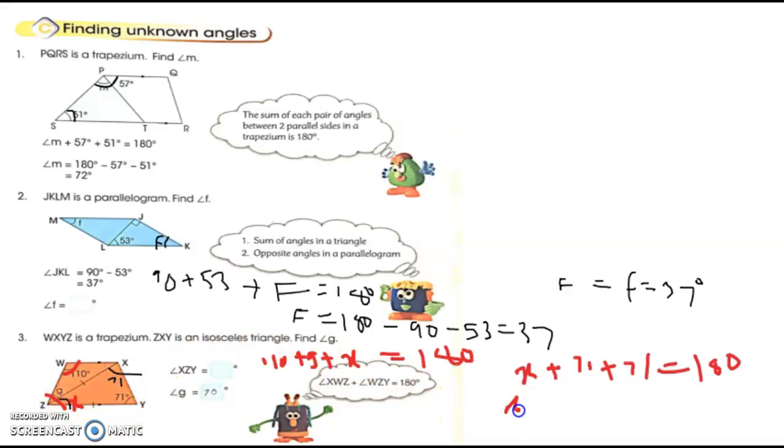So x is equal to 180 minus 71 minus 71, because we have to subtract them, which is equal to 38.